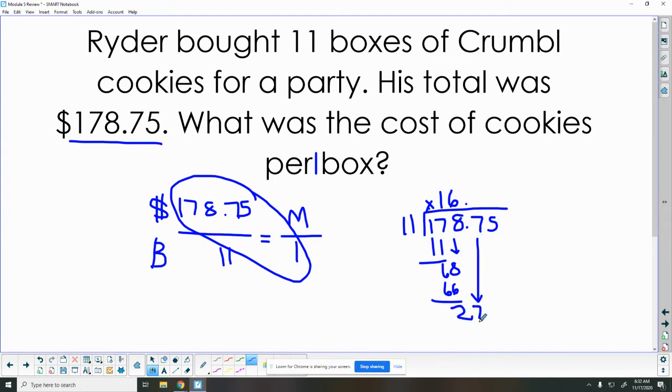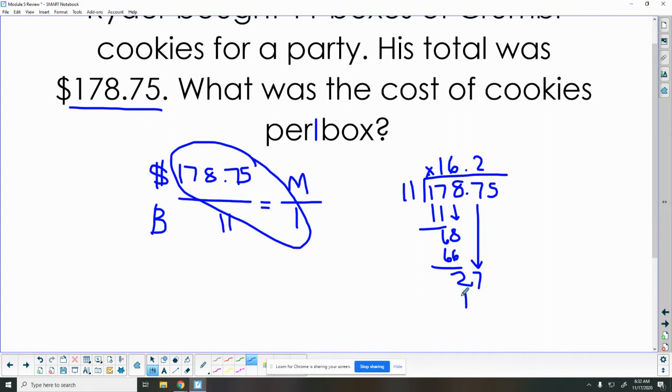Bring down my 7. Goes in there 2 times, which is 22. We've got 5 left over. Bring down my other 5. 11 goes into 55 5 times. So every box of cookies cost him $16.25.